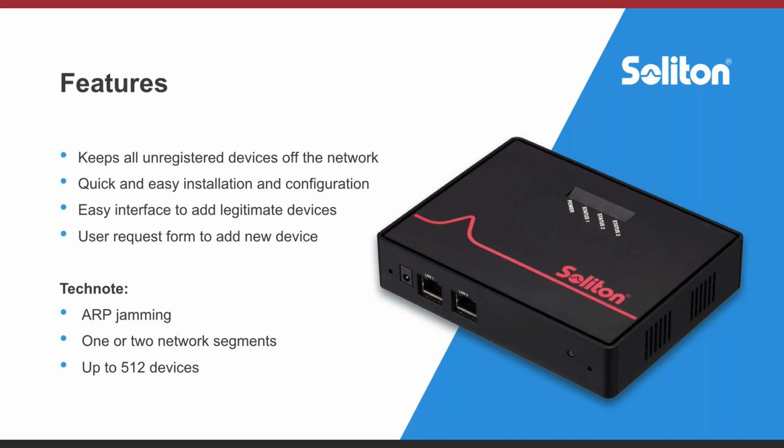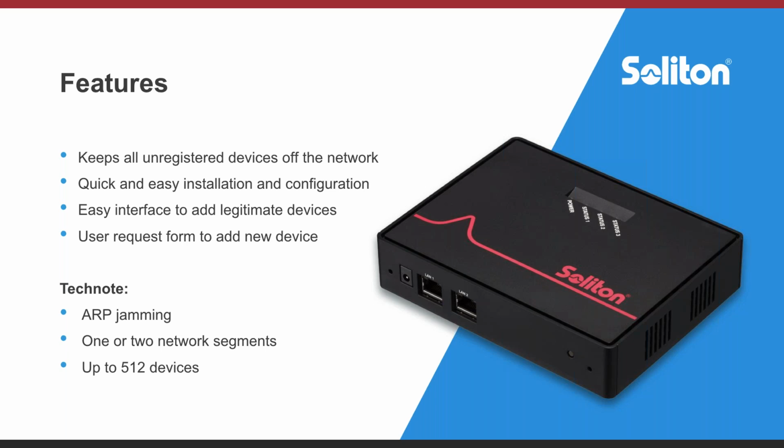It initially starts in a learning mode where it learns about what's on your network, and then it will switch over to a jamming mode at a certain point in time. And from then on, unknown or unregistered devices will simply not be allowed to work or to get connected to your network.